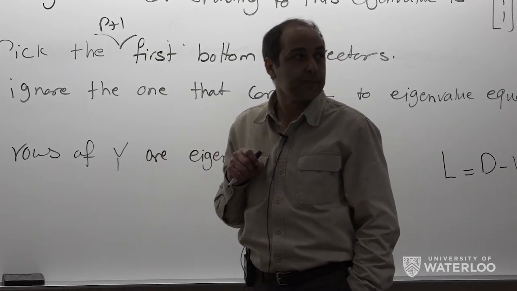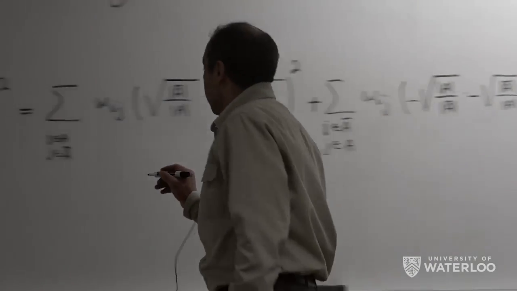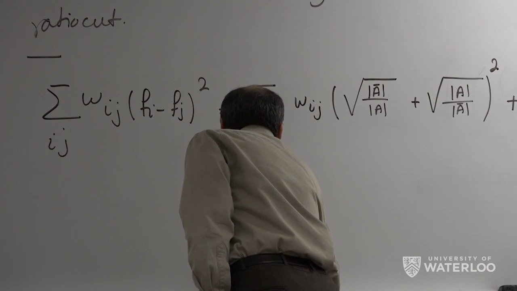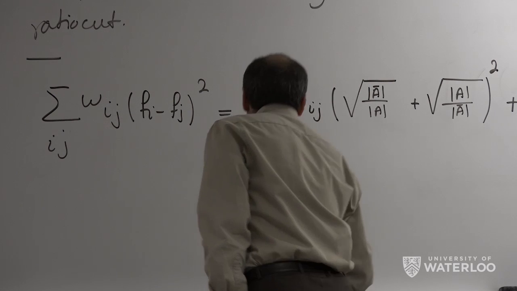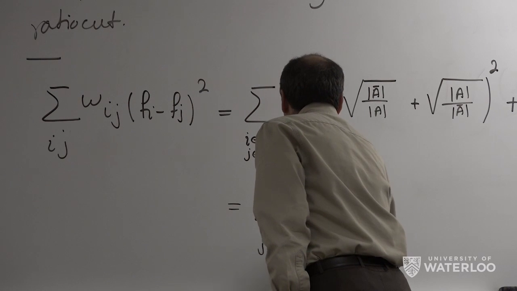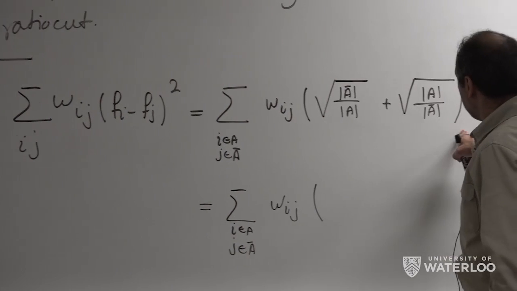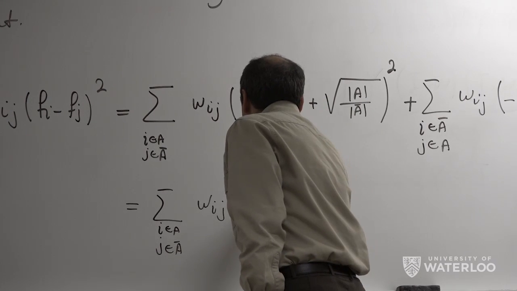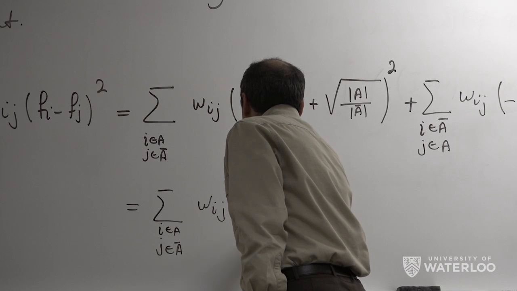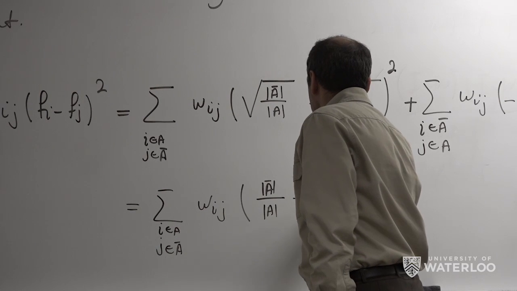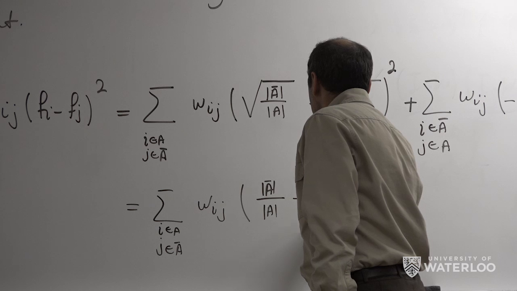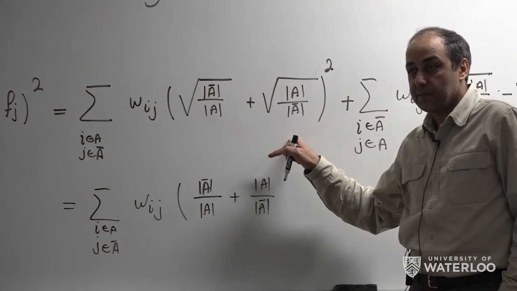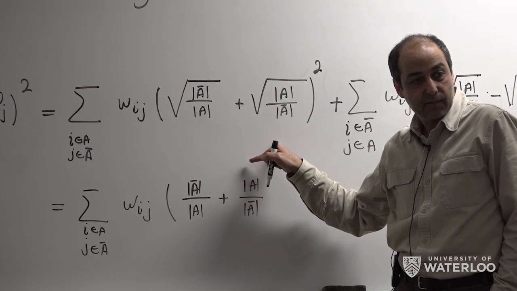Okay, now I have i from A, j from A bar, w_ij. So if I expand this square, then the first term is A bar over A. This is going to be A over A bar.